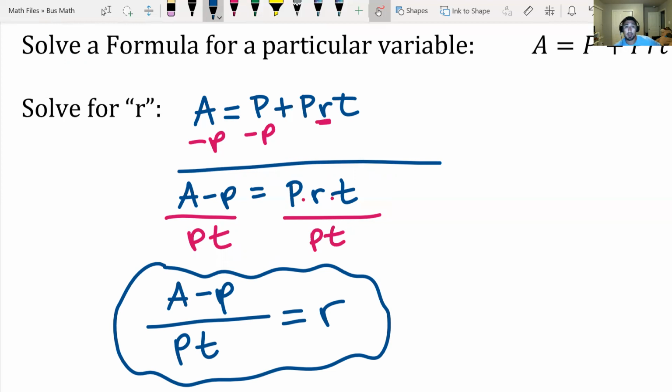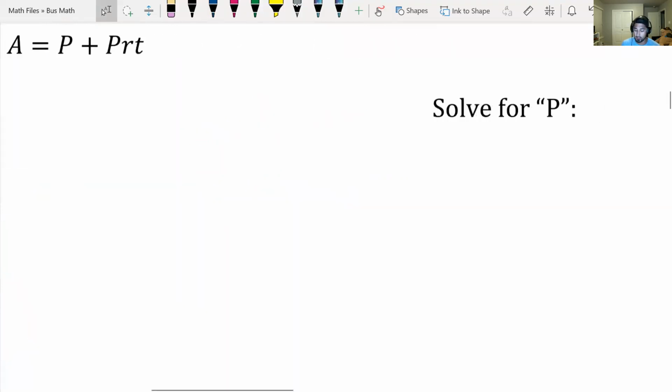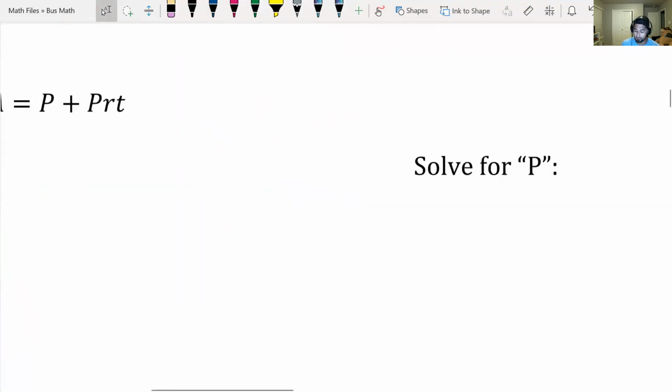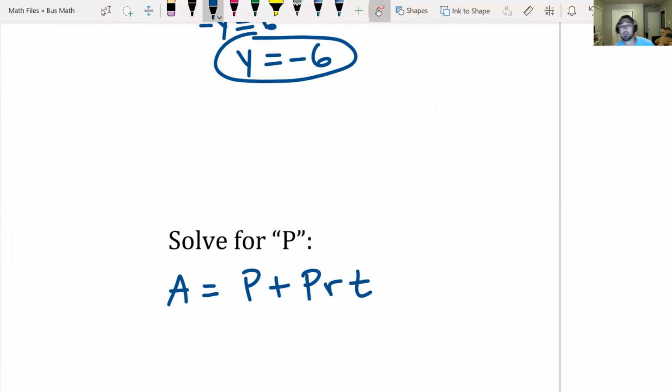All right, so it's very important to know how to rearrange a formula. Okay. Let's try it again. But this time we want to solve for P. So I'll rewrite it. A equals P plus PRT. Okay.